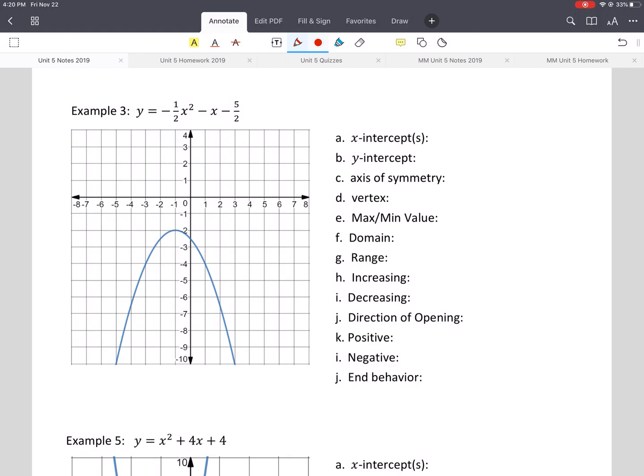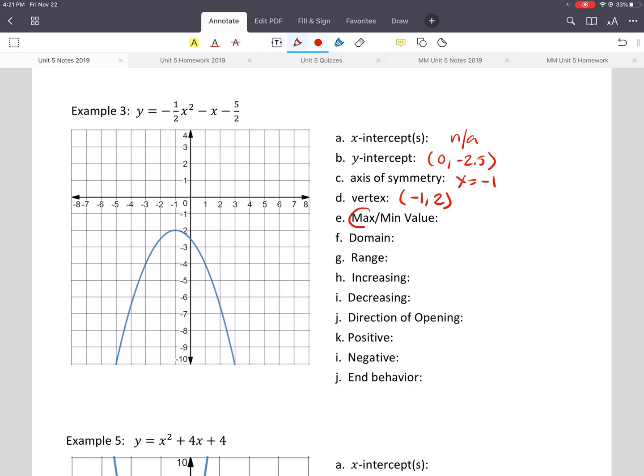Here we have our x-intercept. We don't have any, NA, not applicable, doesn't cross the x-axis. Y-intercept looks like it's maybe 0, negative 2.5. Axis of symmetry, x equals negative 1. Vertex, negative 1, 2.